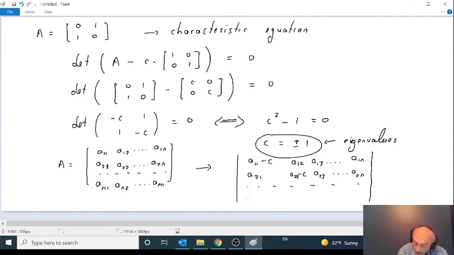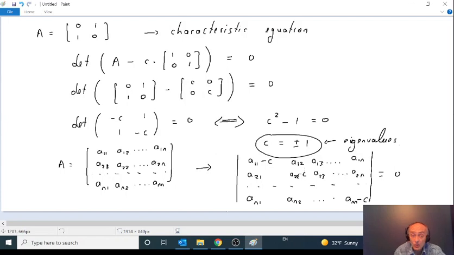So you go down to the last row, which is An1, An2, dot, dot, dot, Ann minus C, and the determinant is equal to 0. So this is the characteristic equation in general for an n by n matrix, and you have to work out this determinant, and that's going to give you a degree n equation, and you will potentially get a maximum of n eigenvalues.